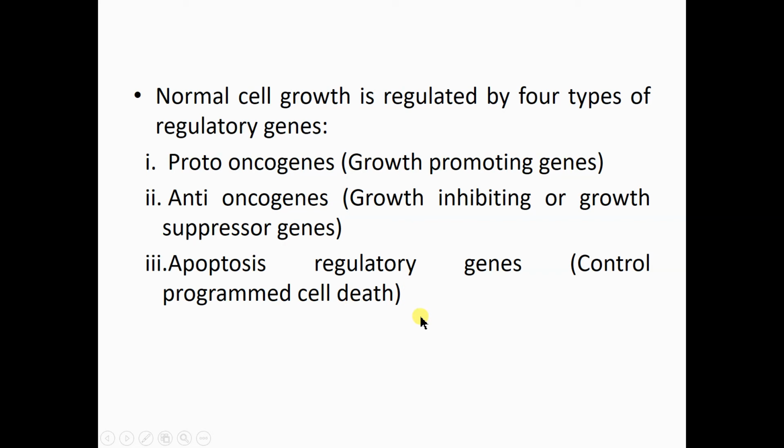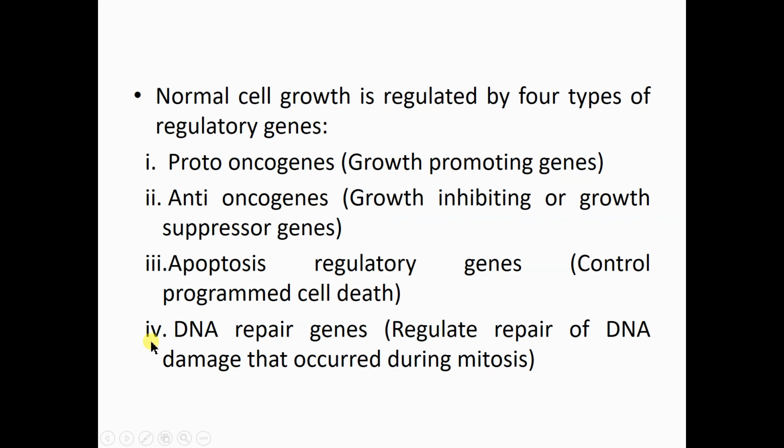When there is a cell or genetic abnormality at a level that cannot be repaired, it is recognized by the guardian of the genome, the P53 gene, also known as an anti-oncogene. They are the apoptotic regulatory genes, the third type of regulatory genes.